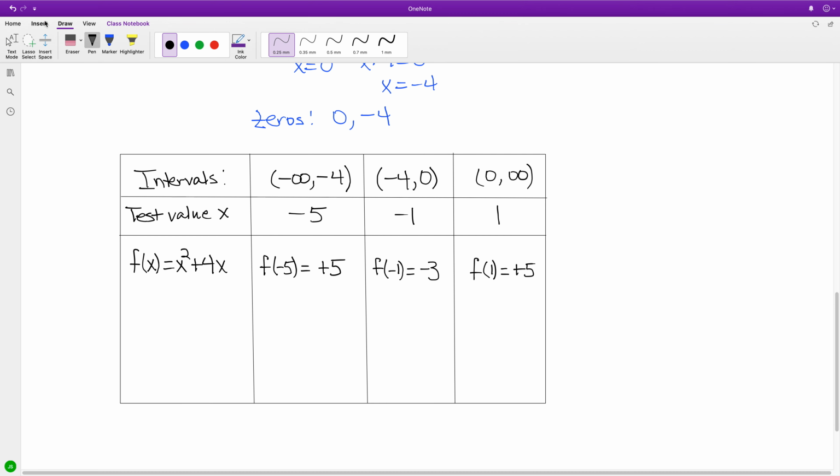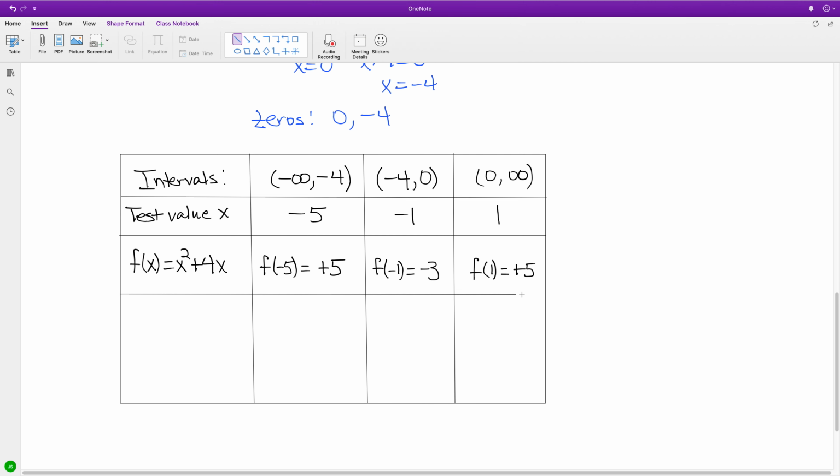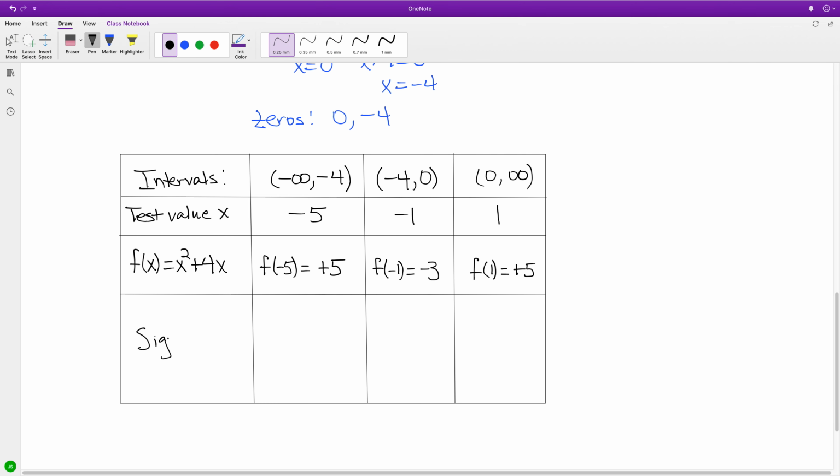And so we have, for the next phase, this is going to be the primary pathway created for the solution of the inequalities. Now we have the sign of f of x. So what's going to happen here is that anything we plug in for x that is less than -4, the output is going to be positive.